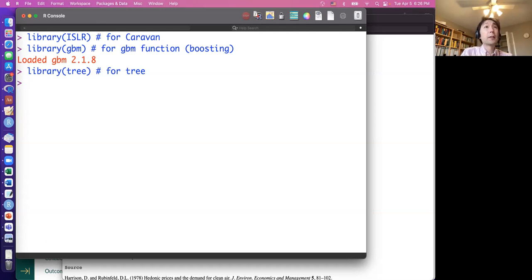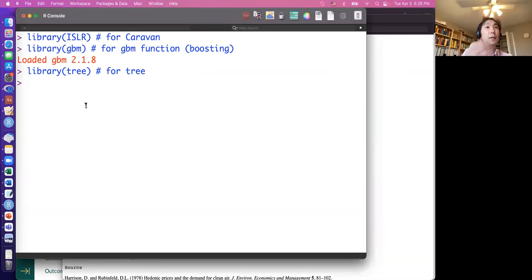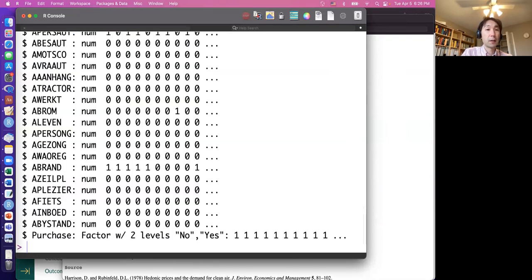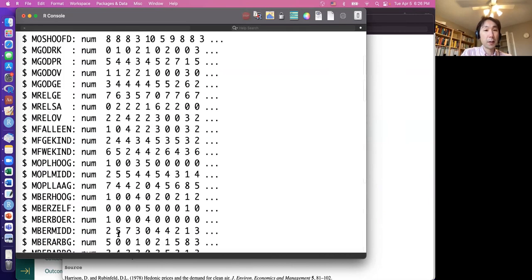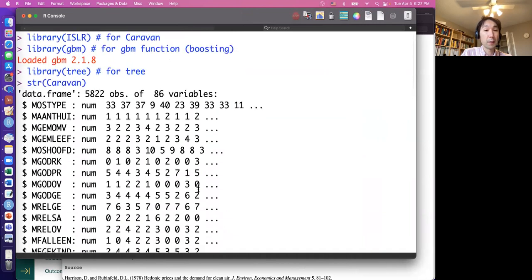And at first we do the training and test. For this specific function, the GBM function, let me first look at the structure of the Caravan data. You can see that we have 86 variables, and most are categorical variables.